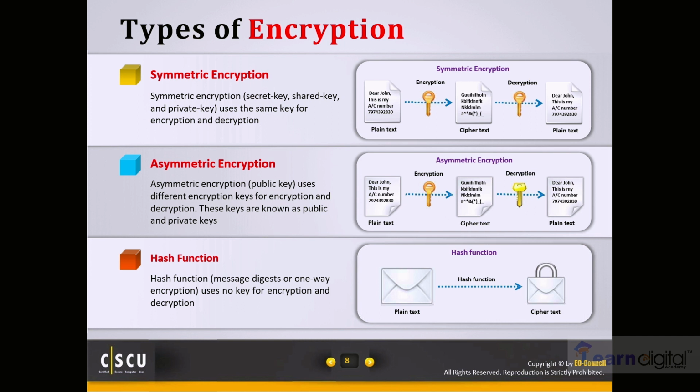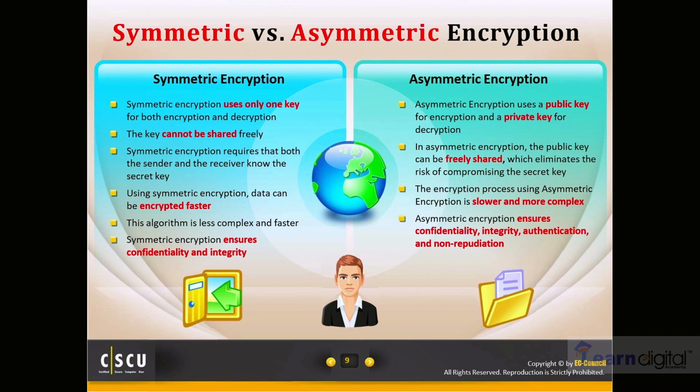So hash functions are one-way mathematical algorithms that convert input data into a fixed size output, and commonly they are used for data integrity verification and password storage as well. And yeah, there is a comparison between symmetric and asymmetric, so you can also go through both of the points, so you can use one of them.